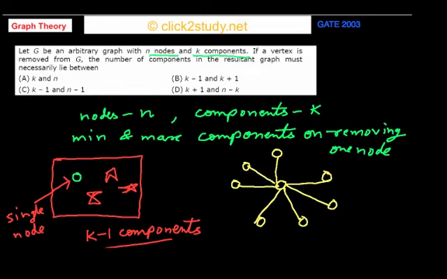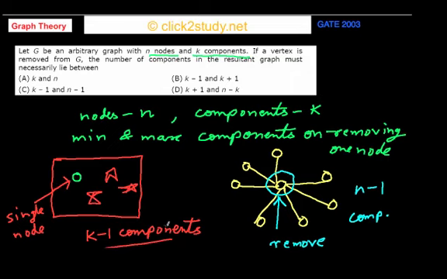If you remove this node, then what will happen? Everything will become disconnected. This node is gone and all these other components will be separated. So how many components will be left? n minus 1 components. So this is the lower extreme, this is the upper extreme.